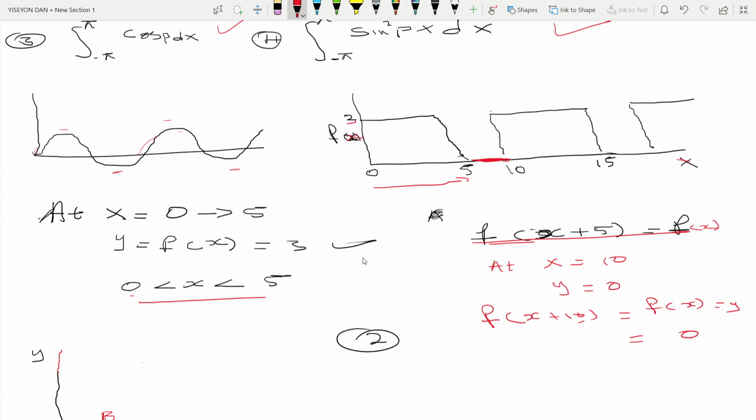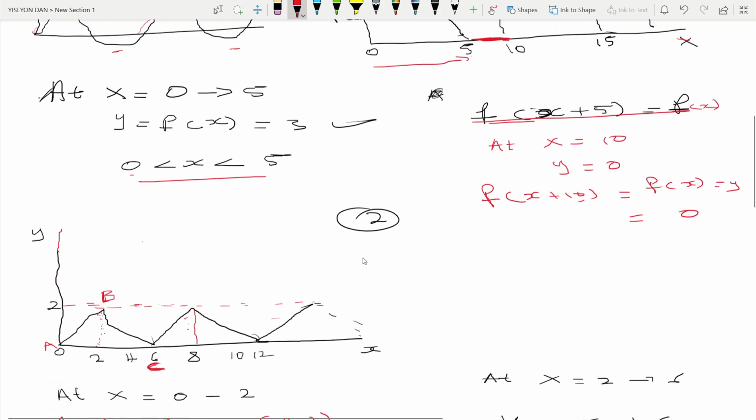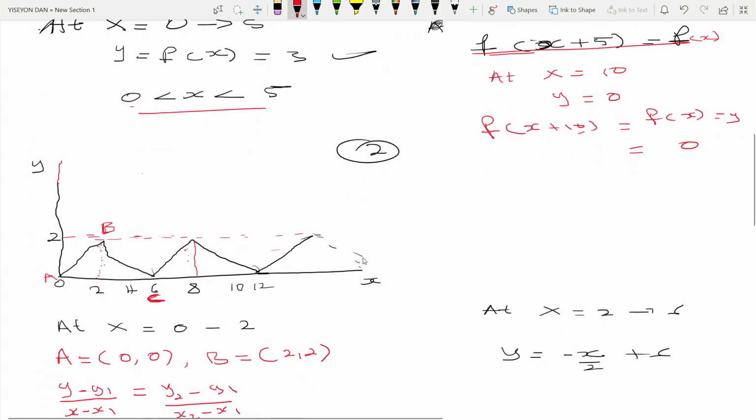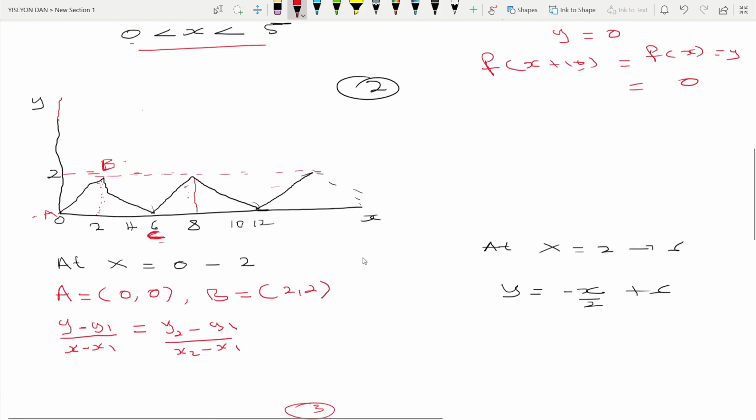Now the second part, look at this other graph that we have here. You can see it's unlike the first one. This one is more like a triangle in nature. So we have point A, point B, and point C. Now we have 3 different points, and we want to determine the range and the period. So for the first one, we are picking x from 0 to 2 first.